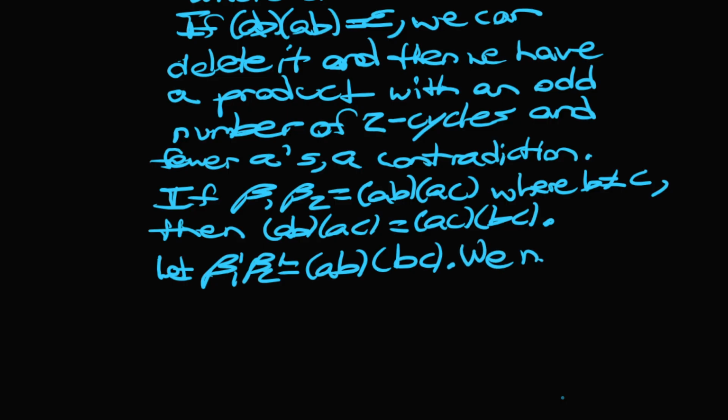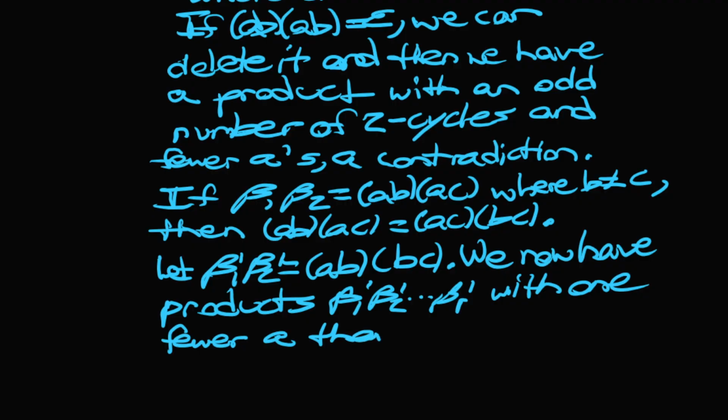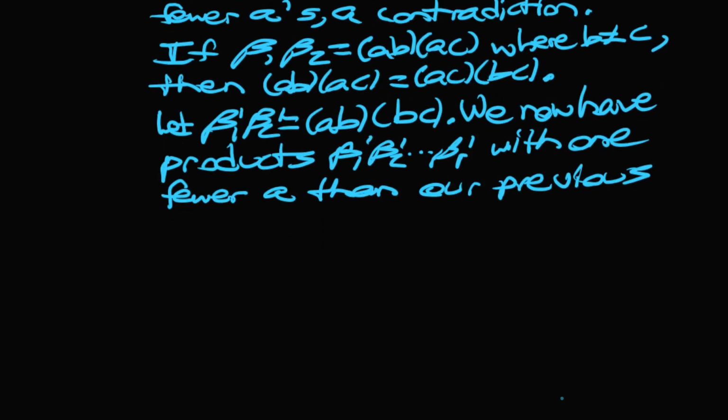So we now have products beta 1 prime, beta 2 prime, and so on, up to beta R prime with 1 fewer A than our previous product, which again is a contradiction.